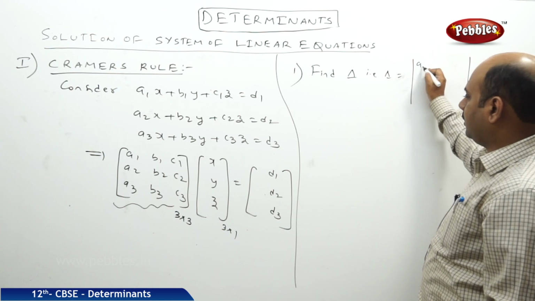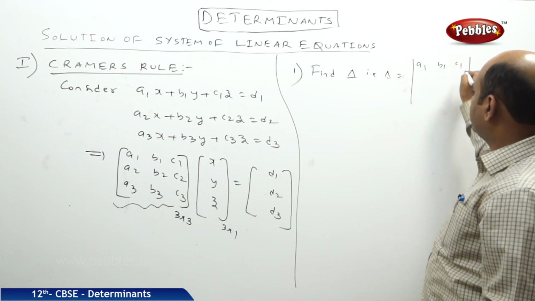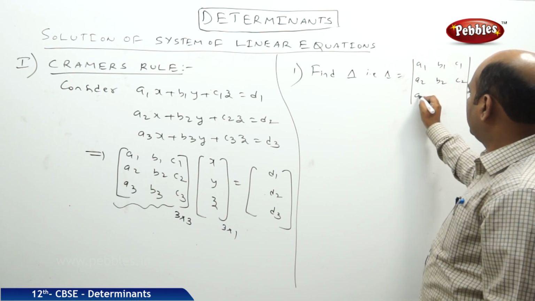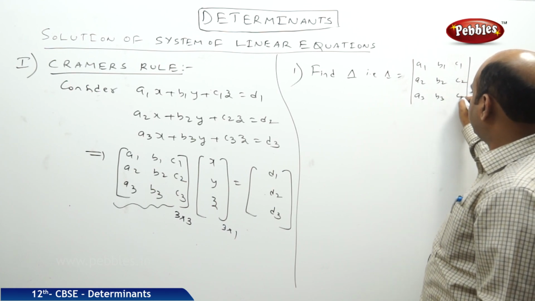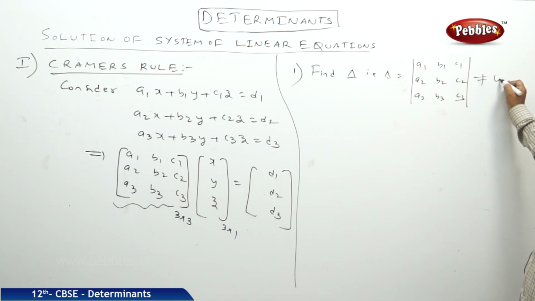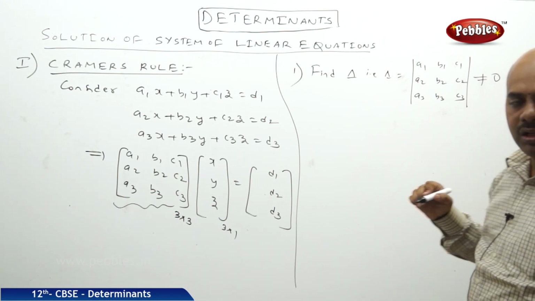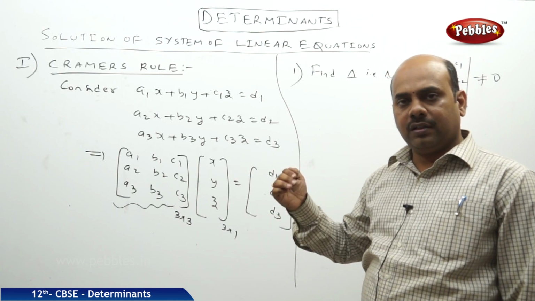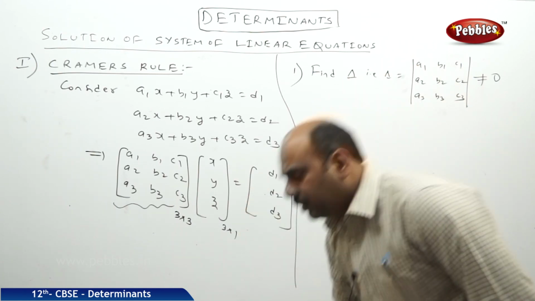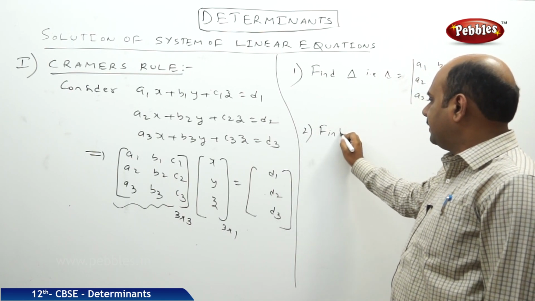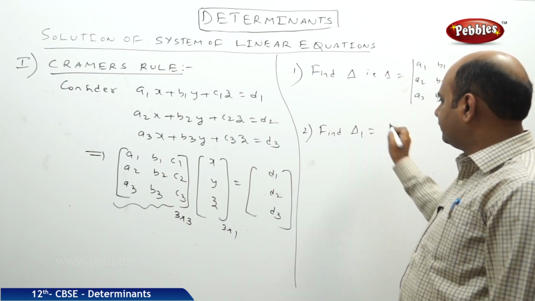That means a1, b1, c1, a2, b2, c2, a3, b3, c3. This is delta, and observe carefully, this should not be equal to 0. If it is equal to 0, what happens? We will see it in a later class. And later I need to find delta 1.